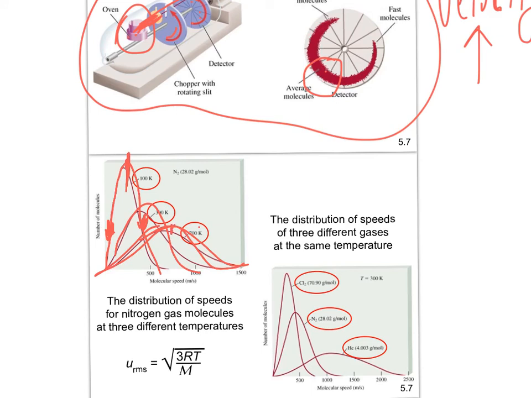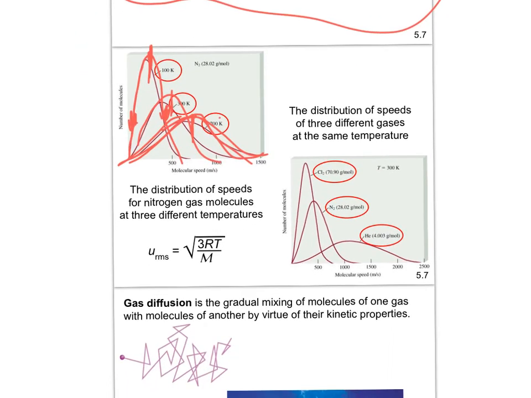Yes, the average molecule is moving faster. However, there is a lot less grouping around that middle point, around that average, and you have much more variety within your sample. So yes, gases move faster as you heat them up, but they also get more variation within the sample average.